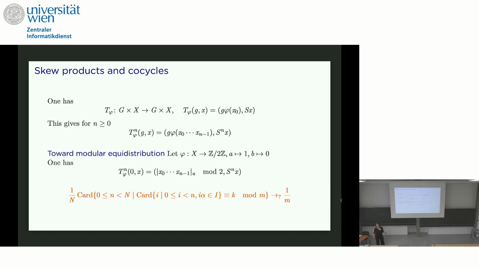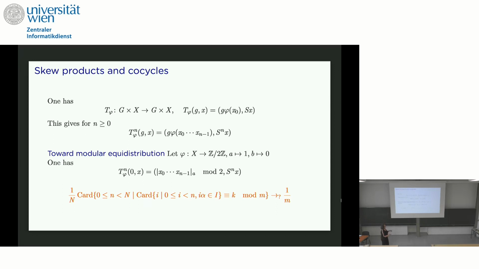So what I'm claiming is that with this new dynamical system, I've enriched my shift with a group part, which does what I want to understand, because it will count the number of visits to some given interval. So from a dynamical viewpoint, you recognize here a Birkhoff sum. You have 1 over n something.